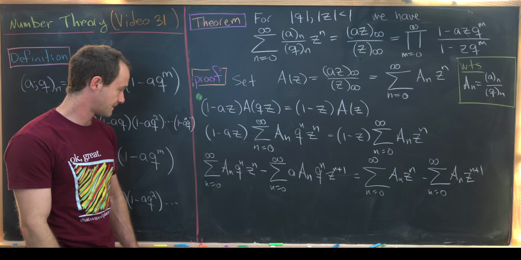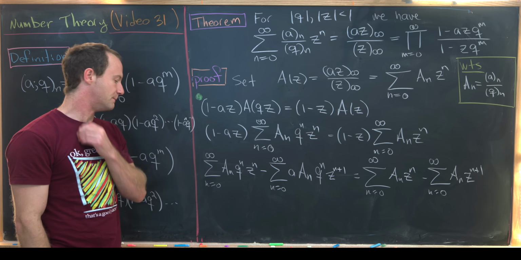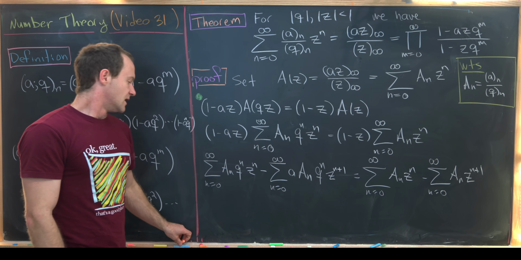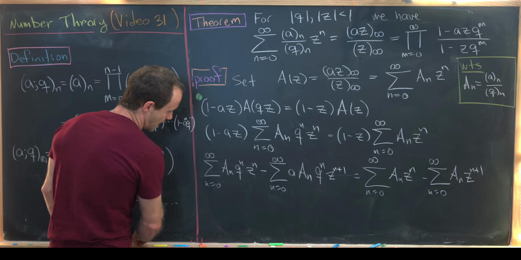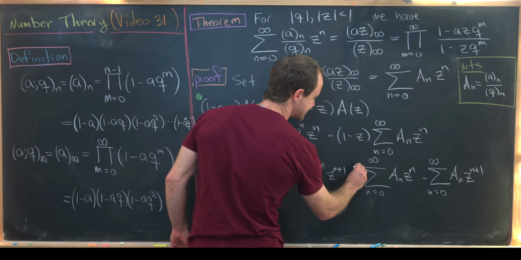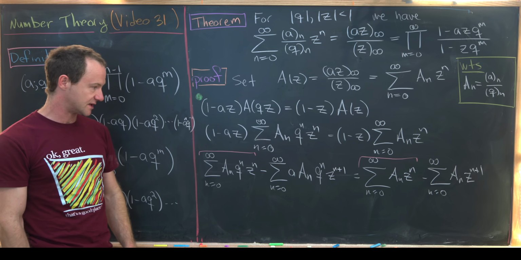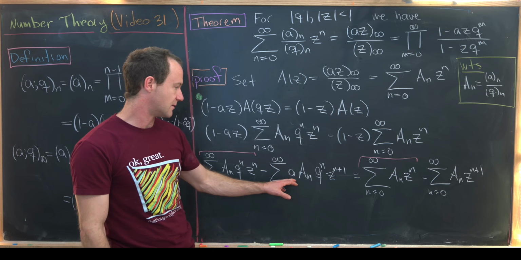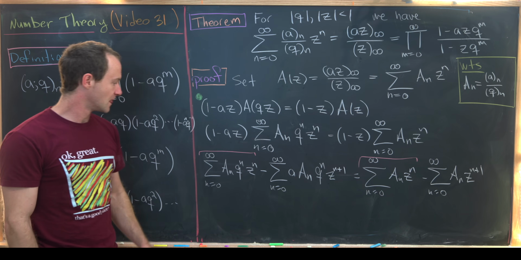Okay, nice. So where do we go from here? I think our best bet is to notice that this term right here, maybe I'll overline it in pink, and this term right here are the only two sums that have a constant term. Notice this sum starts at z to the first power, so does this sum.